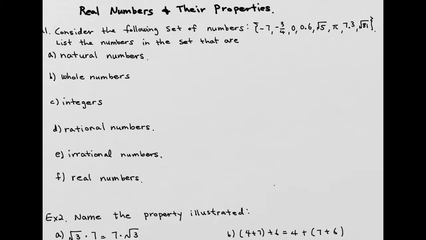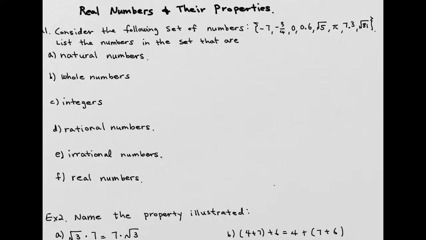We know that a natural number is a counting number, which starts from 1, 1, 2, 3, 4, 5, right? And a whole number is going to be natural numbers plus 0, so it starts from 0, 1, 2, 3, 4, and so on.